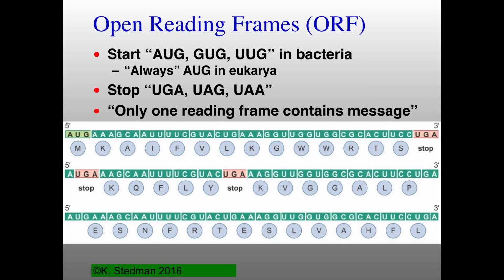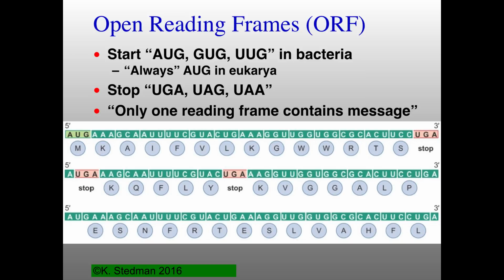Any individual stretch of nucleotides has 3 reading frames in it. Reading frame is just thinking about the ribosome. The ribosome goes 3 nucleotides, 3 nucleotides, 3 nucleotides, 3 nucleotides. So in this case, there are 3 reading frames, and I think I may have misspoken about +1, +2, etc. It's just that there are 3 reading frames.